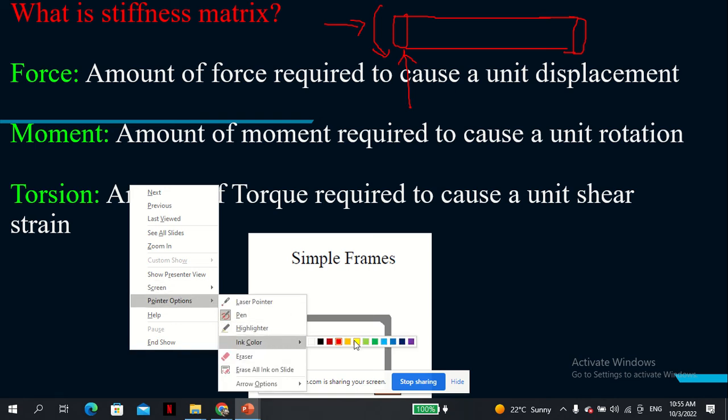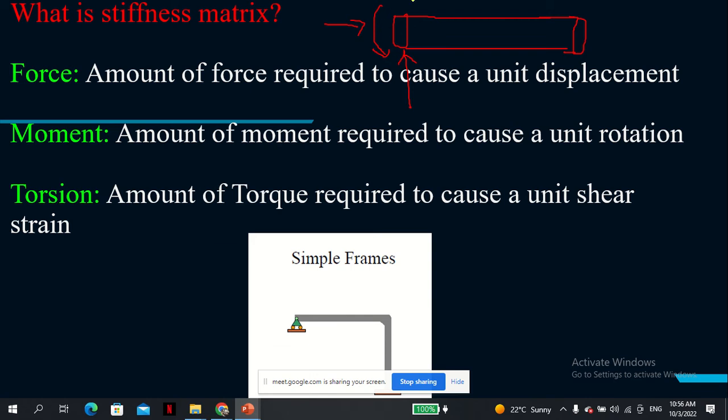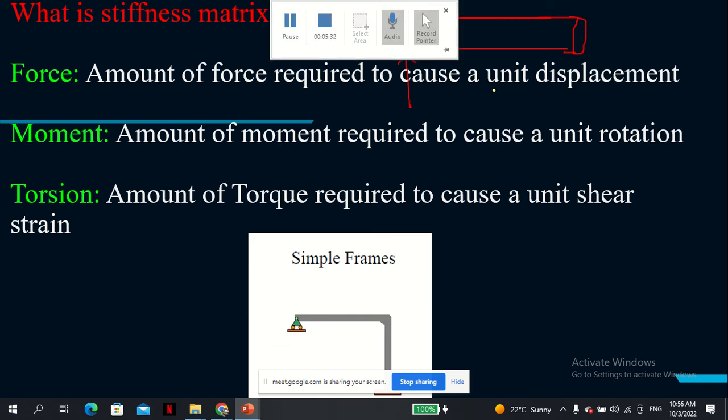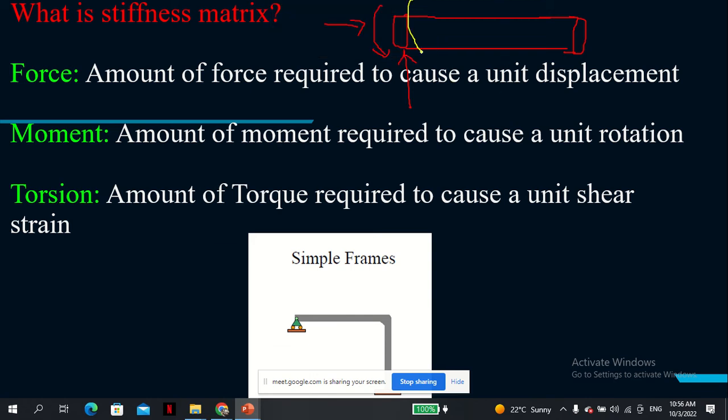The torque and the moment might confuse you a little bit, but please know. So this is the torque, the yellow one is the torque. This is the vertical shear force. This is the moment, and this is the axial force.